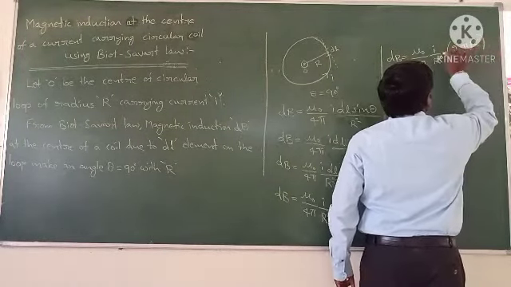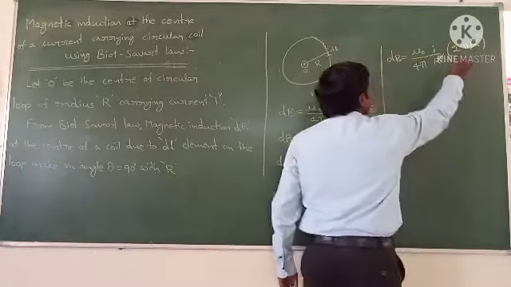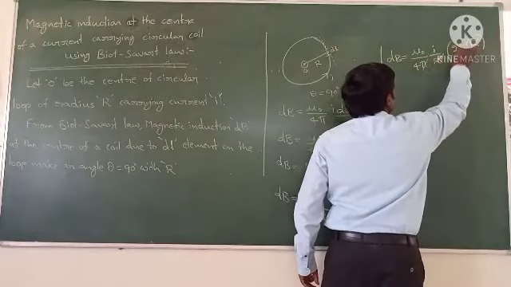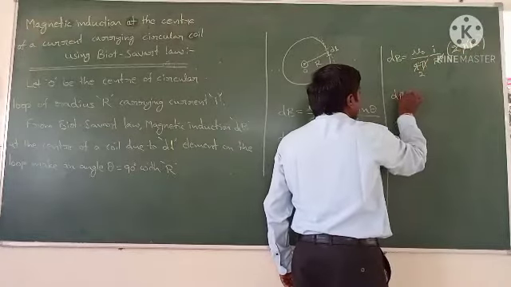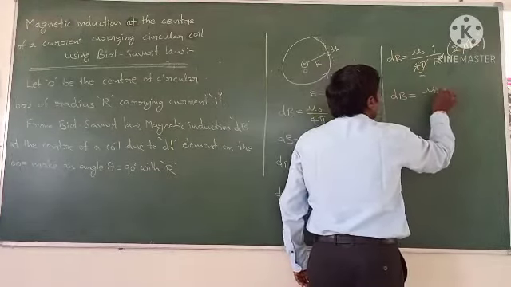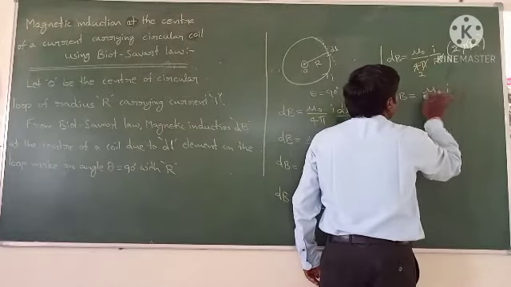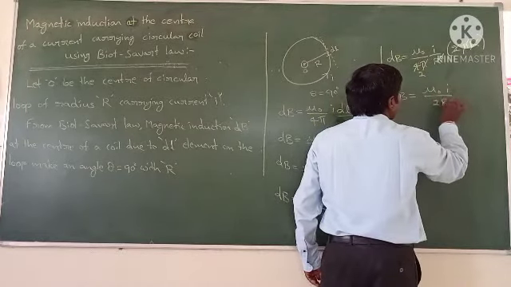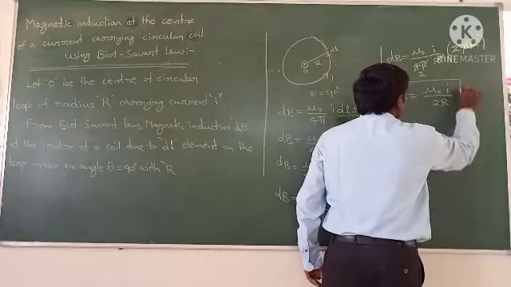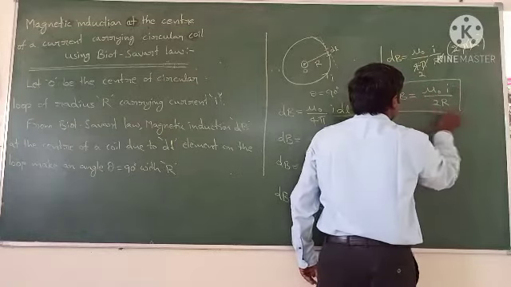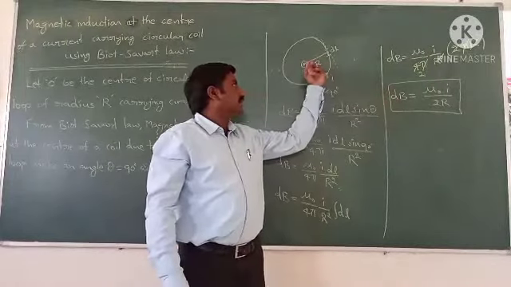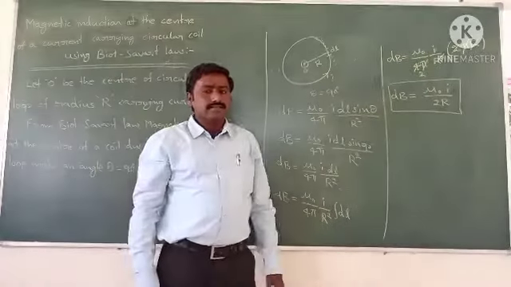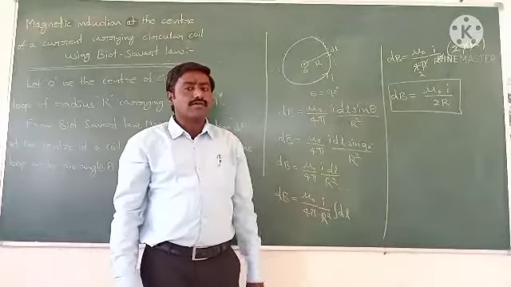So here r square will be cancelled, pi will be cancelled, the 2s are cancelled. So the remaining thing is B equals mu naught I by 2r. So this equation represents the produced magnetic field at the center due to a circular coil.